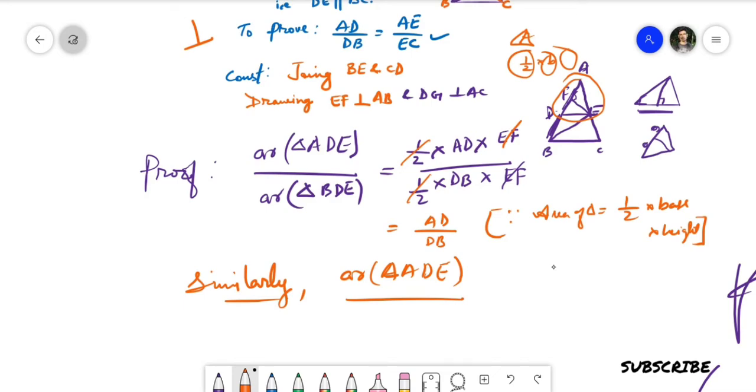But this time we have to see this area, because we have already took this area. This area is already finished, now this will be this side. We will look at this side, so area of triangle, this is DEC.